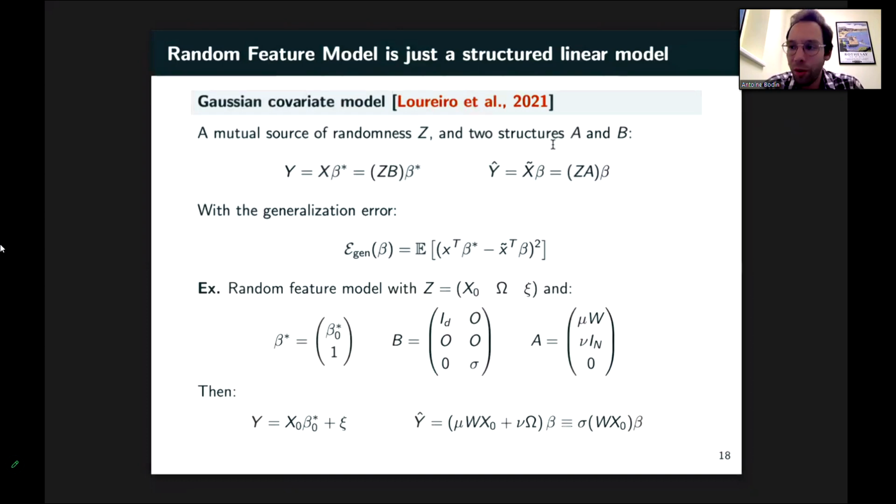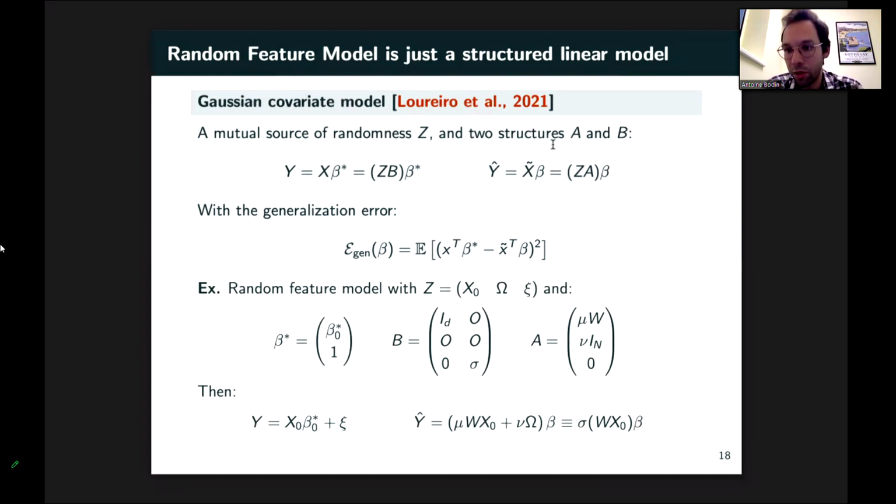So one model that we actually try to tackle is some sort of general random feature model, or what's been defined as the Gaussian covariate model from Loureiro in 2021.